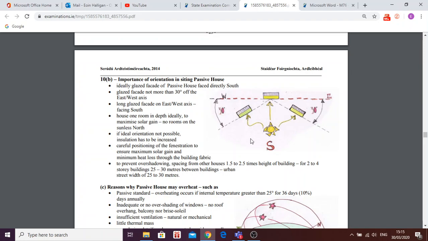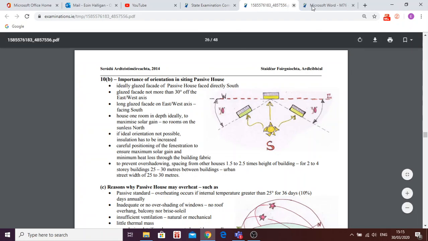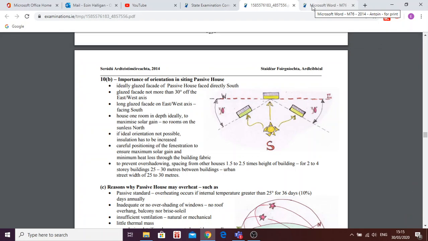And doubling up on the insulation, right? Putting more insulation there. And the last thing there is we have to prevent overshadowing: spacing from other houses 1.5 to 2.5 times the height of the building, so that you don't cast a shadow onto your neighbours. Okay, so that's the importance of orientation in siting a passive house.